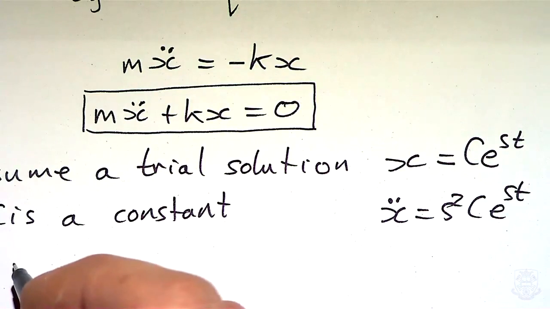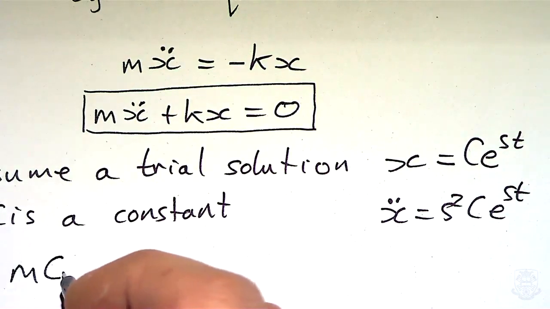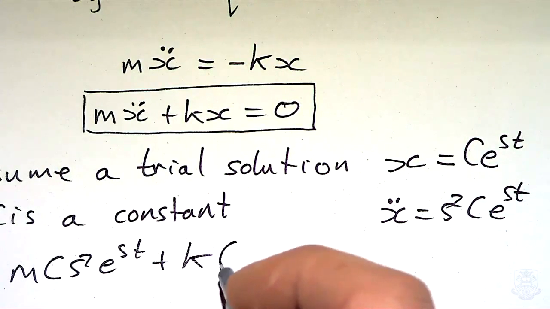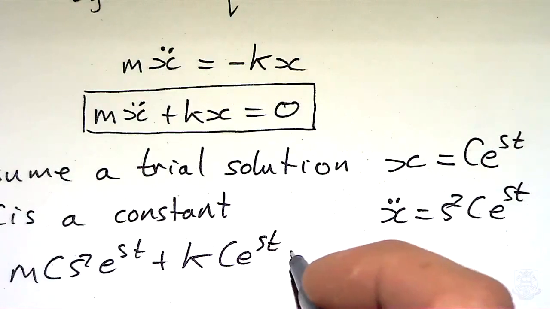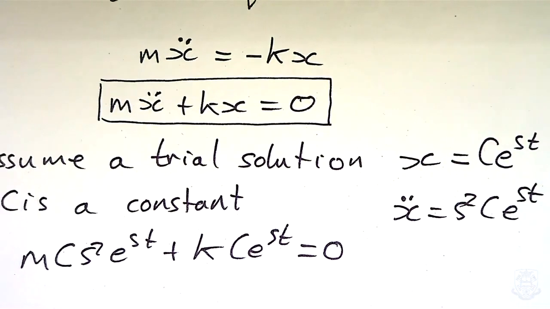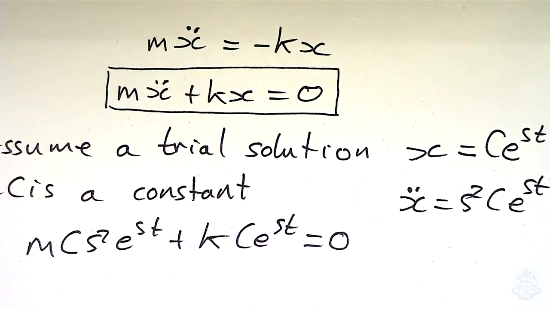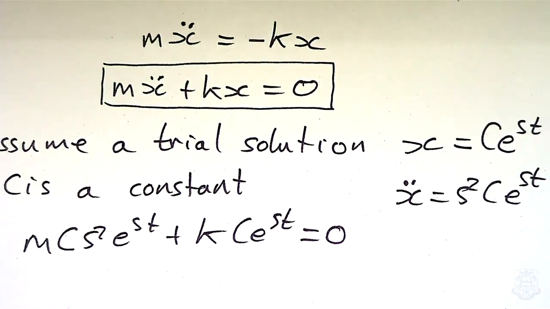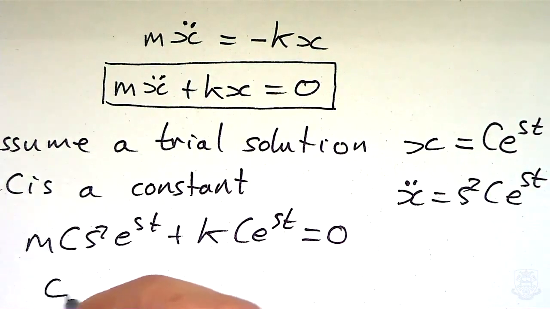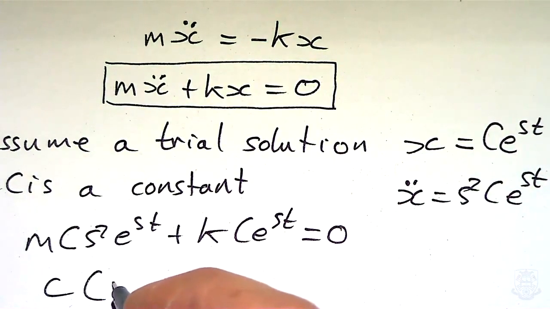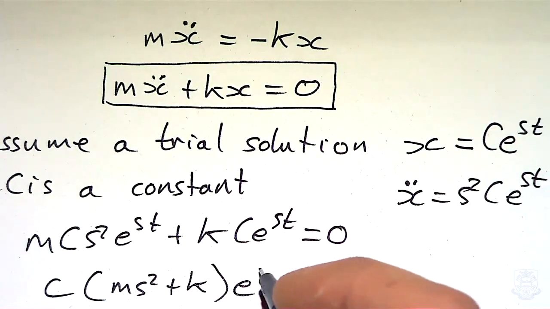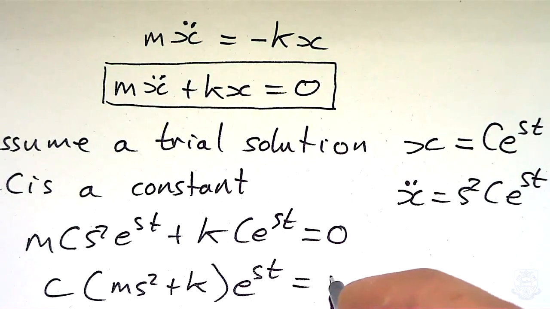So what we get is m c s squared e to the s t plus k c e to the s t equals 0. Of course we've got some common terms here, so we can rewrite this as the constant c, and then inside a bracket we have m s squared plus k, and then outside we have the e to the s t, and that all equals 0.